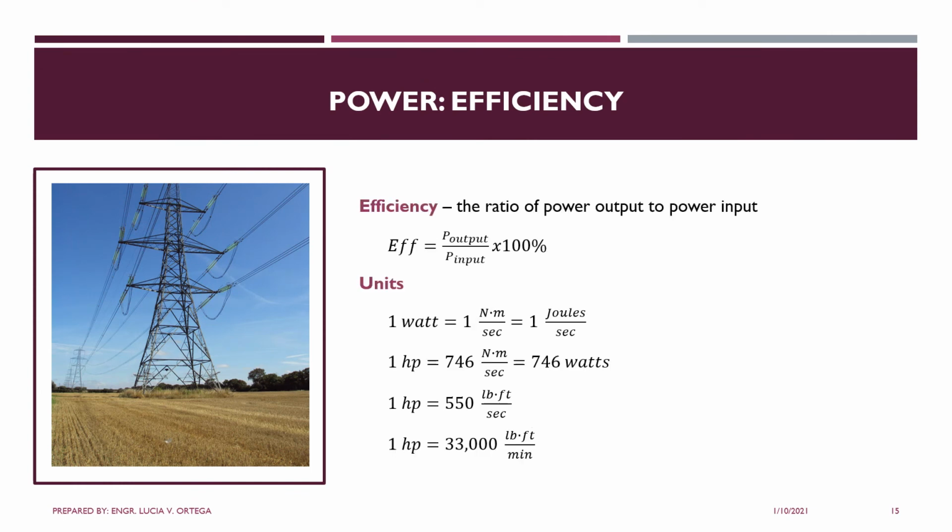For power, we also have what we call efficiency: the ratio of power output to power input. You multiply this by 100, so that efficiency would be in percent.